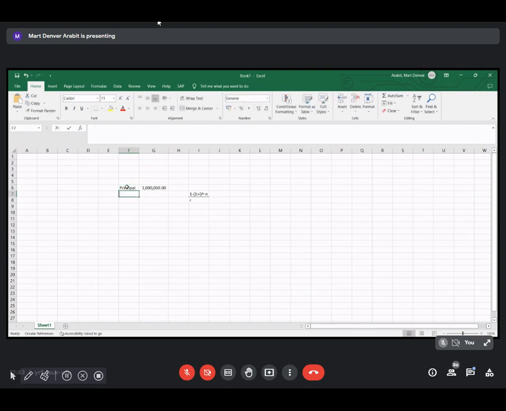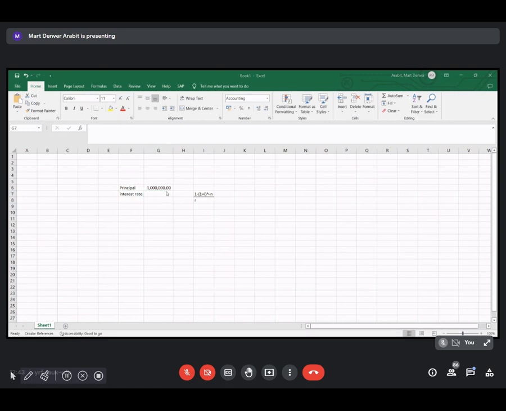Okay, ang interest rate natin is 12%. And yung end natin is 3 years.